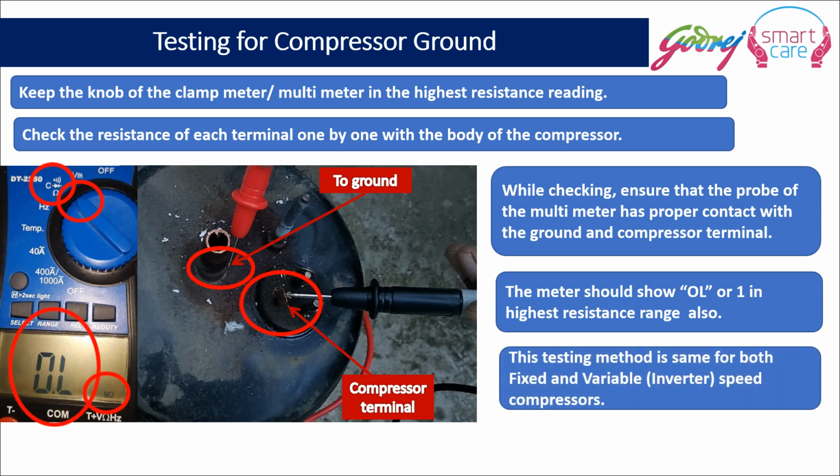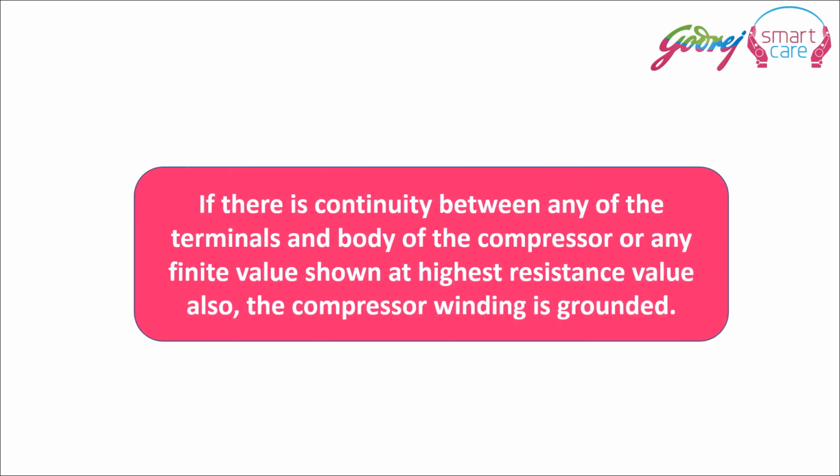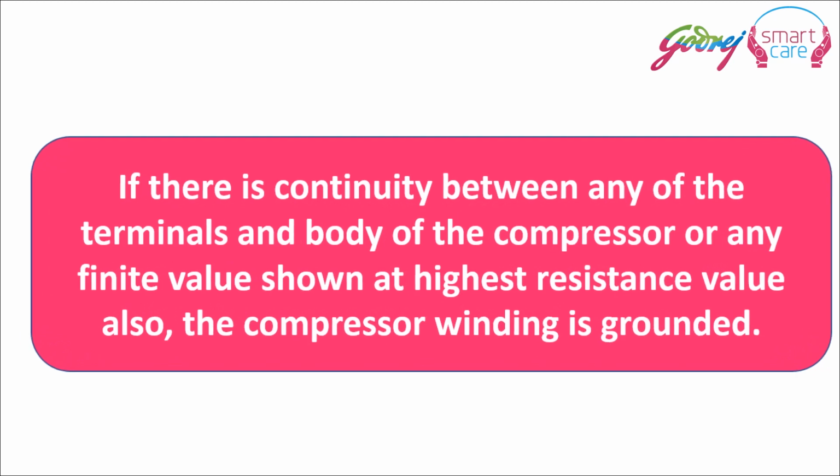This testing method is the same for both fixed and variable speed compressors. If there is continuity between any of the terminals and the body of the compressor, or any finite value shown at the highest resistance range also, the compressor winding is grounded.